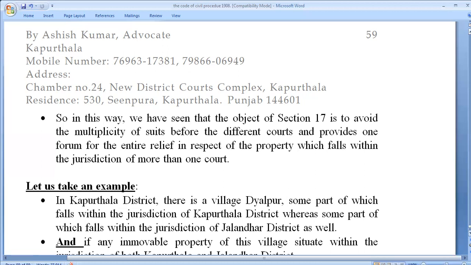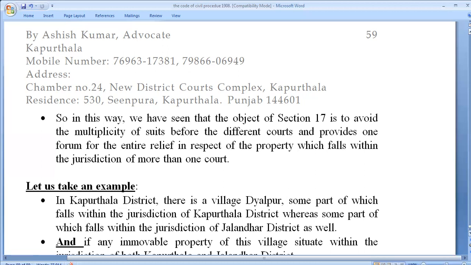But section number 17 avoids this type of situation, and it avoids the multiplicity of suits before the different courts, and it provides only a single court in which you can claim the entire relief for a single property, which falls within the jurisdiction of more than one court.